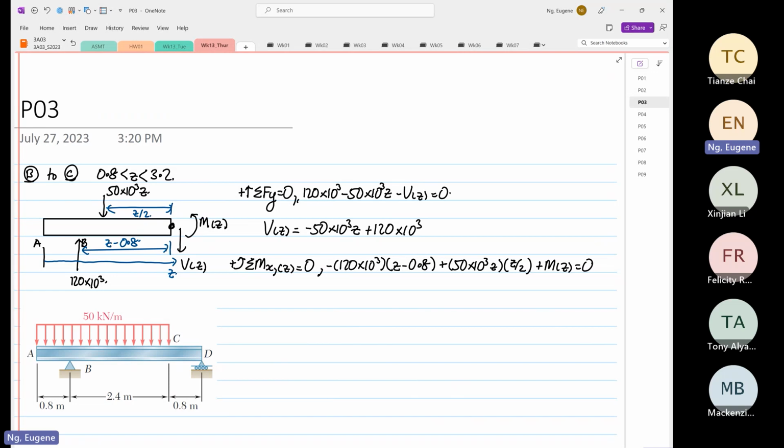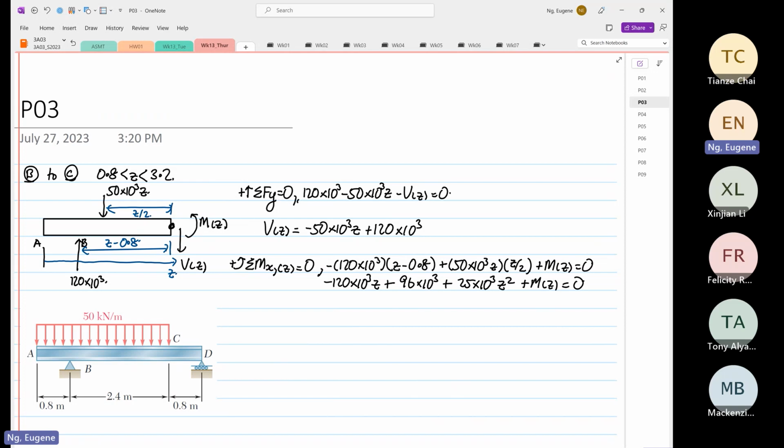Okay, so when we expand this term, we get minus 120 times 10 to the power 3 Z plus 120 times 10 to the power 3 times 0.8, which is 96 times 10 to the power 3, plus 25 times 10 to the power 3 Z squared, and then plus M as a function of Z is equal to 0. Right.